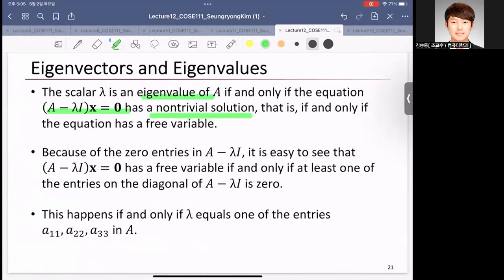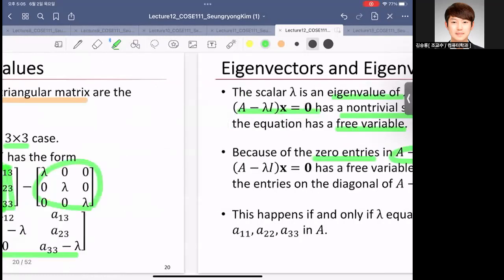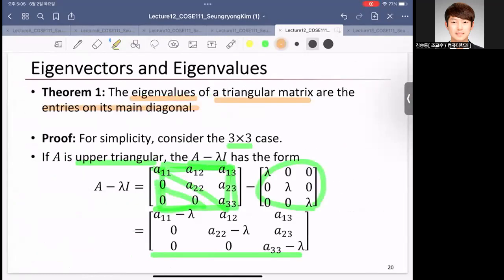This is just the definition. That is if and only if the equation has a free variable, because this is a homogeneous system. If the equation has a free variable, it has a non-trivial solution. Because of the zero entries in A minus lambda I, we can say that each diagonal entry is a pivot position candidate.